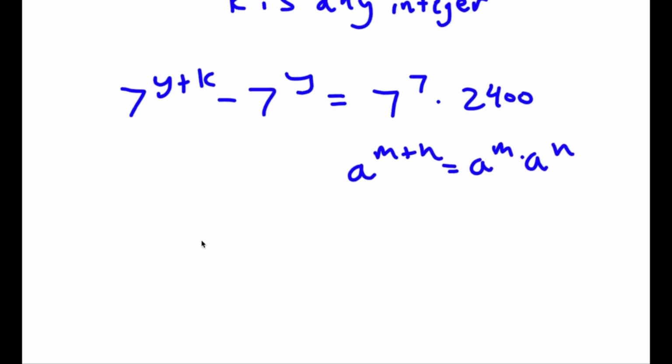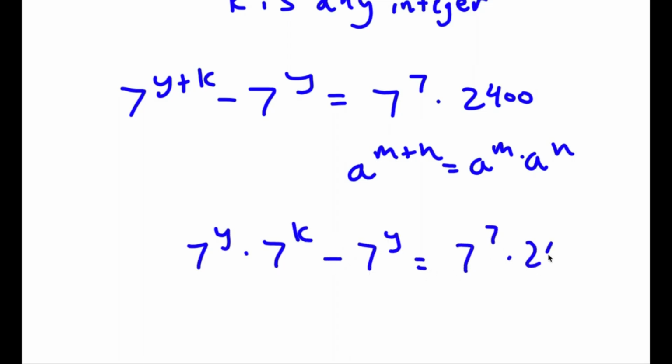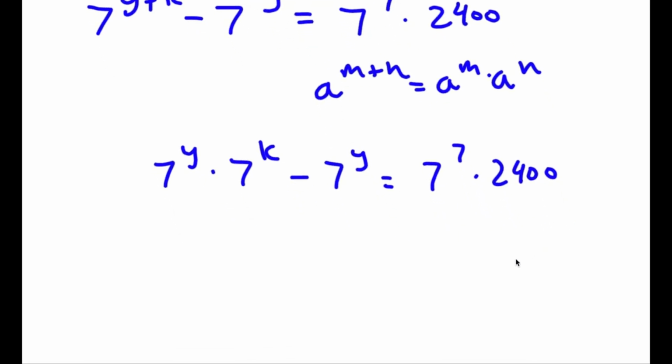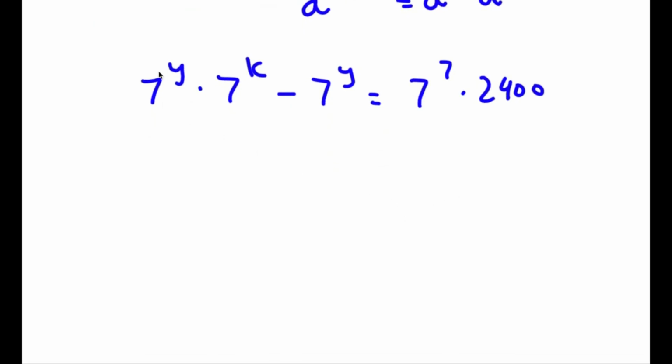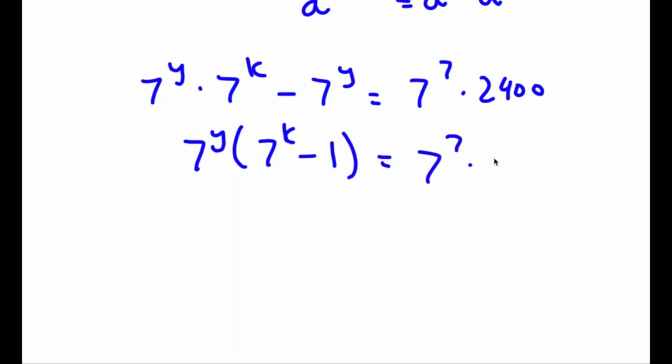So 7 to the power of y plus k is going to equal 7 to the power of y times 7 to the power of k. Now I have minus 7 to the power of y, which is equal to 7 to the power of 7 times 2400. Now if I factor out 7 to the power of y, I have 7 to the power of y times 7 to the power of k minus 1. This is equal to 7 to the power of 7 times 2400.